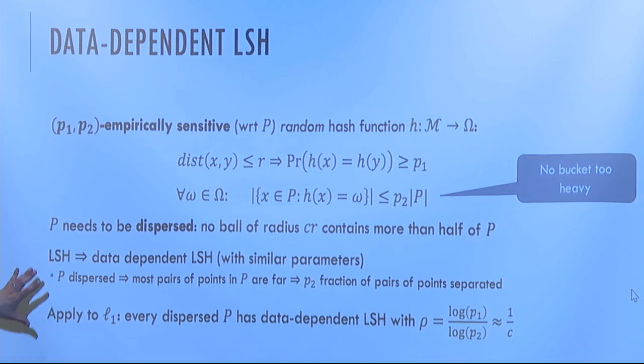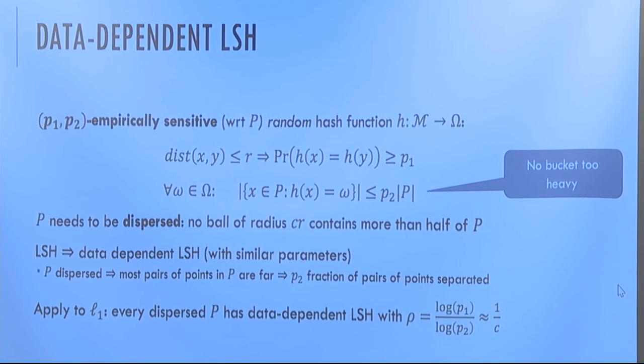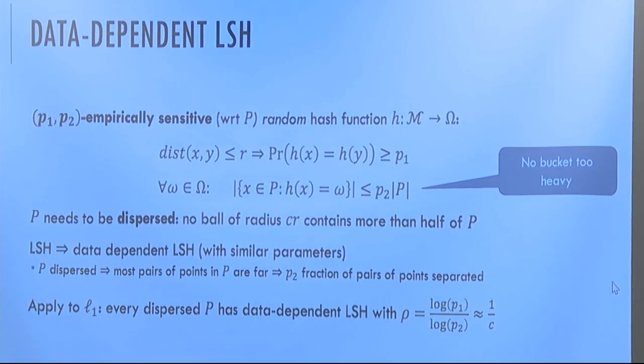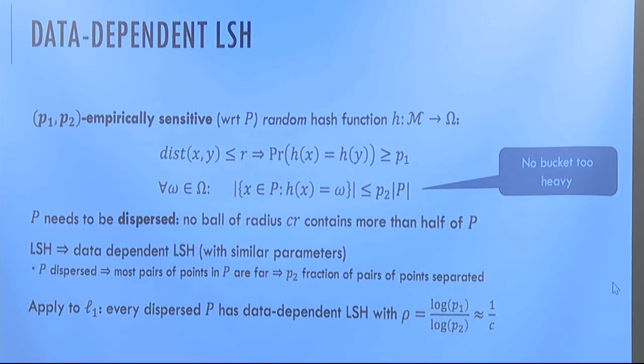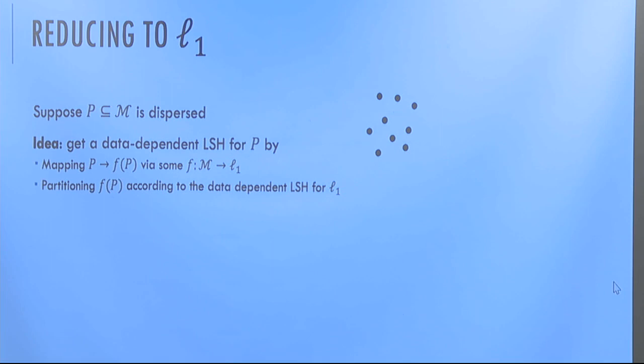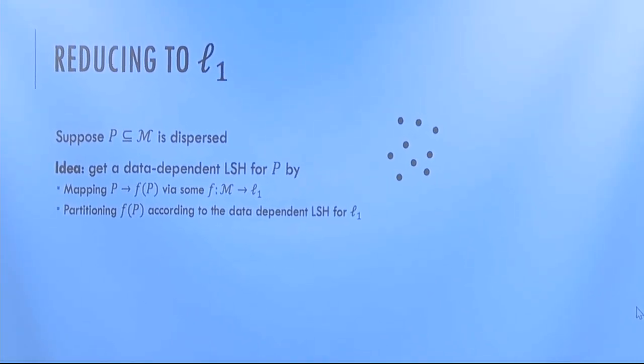This observation that regular LSH applies to data-independent LSH basically tells me that for L1, for example, I can get some trade-off between these P1 and P2 parameters. And it's the same trade-off as regular LSH. So this is just something that we use. Now what's useful about this kind of data-dependent definition of LSH is that I can use it together with average distortion embeddings.